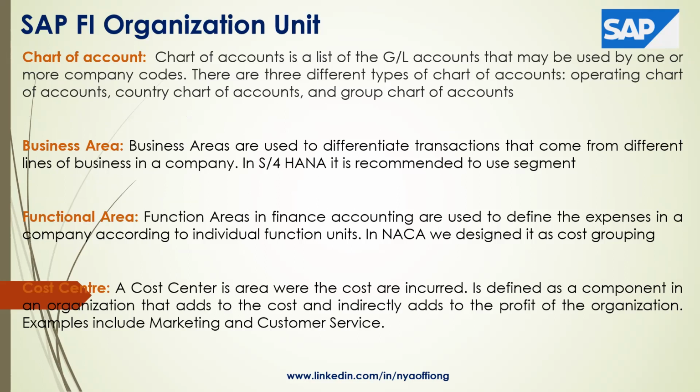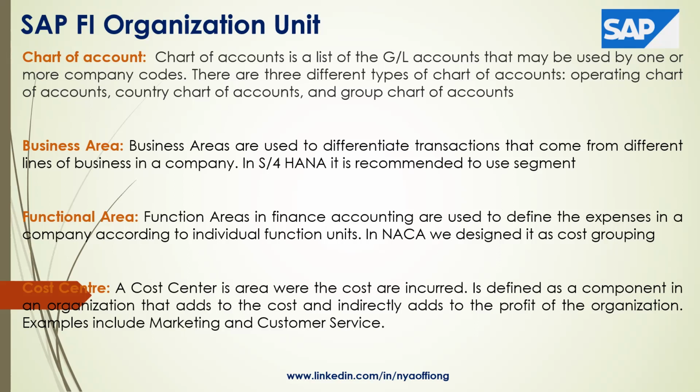Chart of accounts. As you're already familiar with these accounting terms, a chart of accounts is a list of GL accounts that may be used by one or more company codes. Now, what is a business area? Business areas are used to differentiate transactions that come from different lines of business in a company.